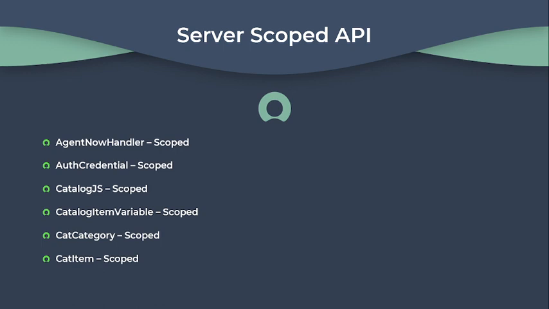Then CatalogItemVariable. The CatalogItemVariable API enables you to create and modify service catalog item variables using scripts.